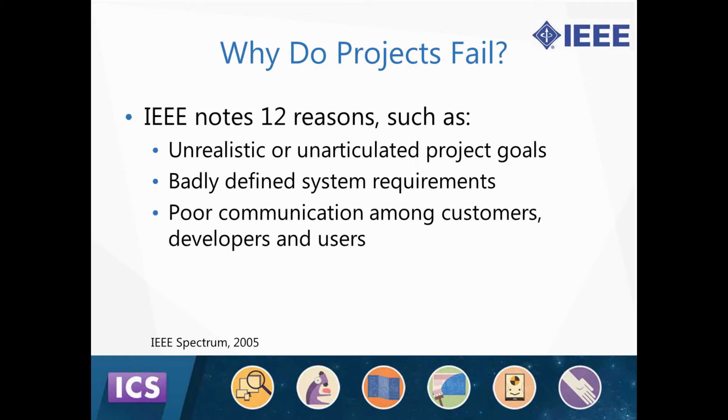There was a study done back in 2005 or so by the IEEE, and they noted a lot of different reasons why software projects can fail. Some of them can be from the get-go, the developers not knowing what the goals of the project are. Somebody starts down a pathway, and it's not extremely well defined. You don't have good system requirements, you don't know what your ultimate goal is, and you might have bad communication problems.